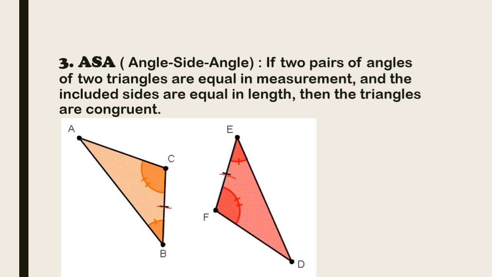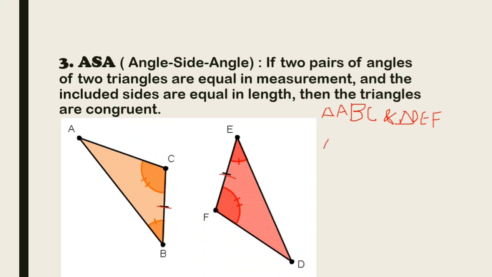So here we can write in triangle ABC and triangle DEF, you can see the equal sides and equal angles.